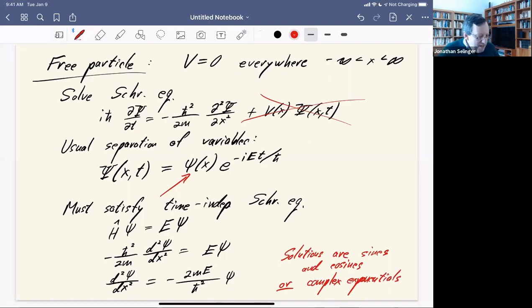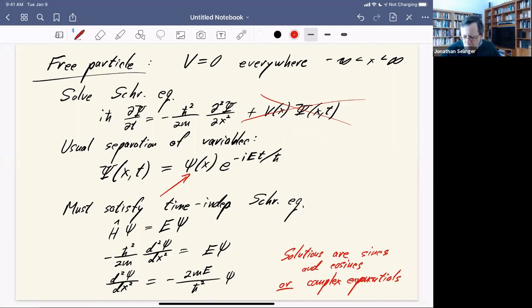When we did something like this for the particle in a box, we chose the sines and cosines because that provided us with a good way to satisfy the boundary conditions, so that we could pick just certain sine solutions.